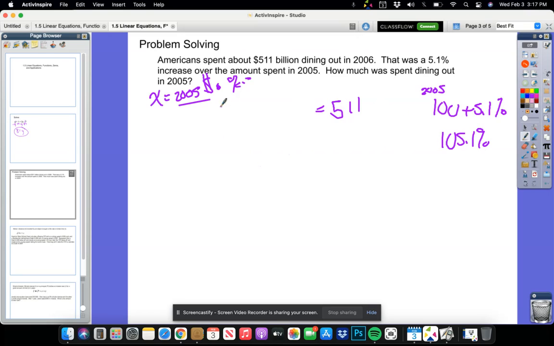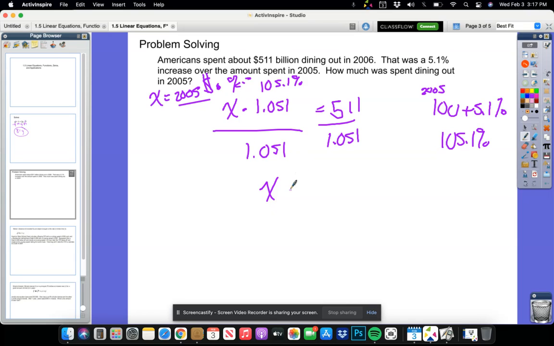So instead of trying to do that, we're going to take x times 1.051. That should give us 511, because this was 105.1% right there. So to solve for x here, we just divide both sides by 1.051. x equals 511, and you can use 511 because it's in billions. So 511 divided by 1.051.